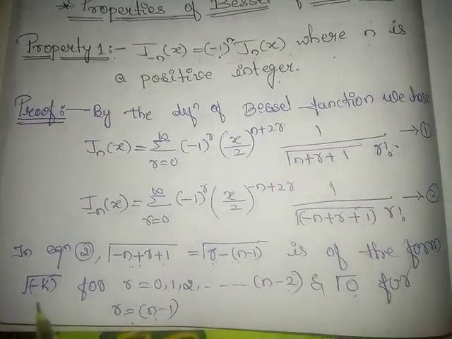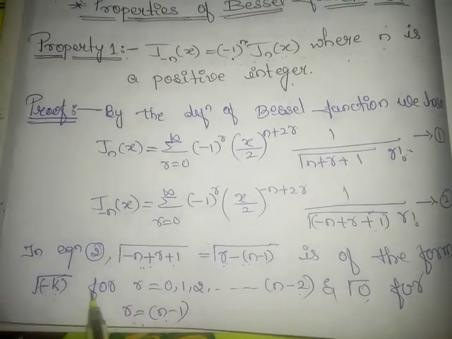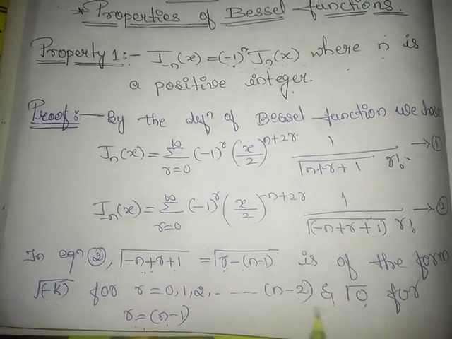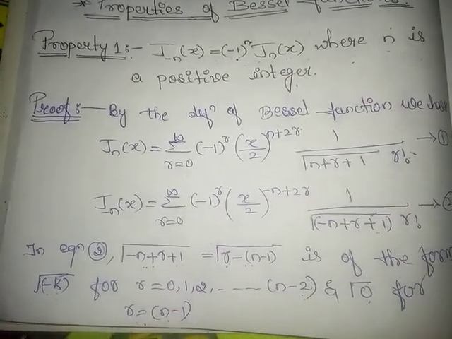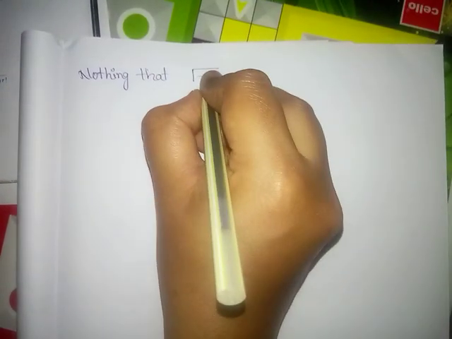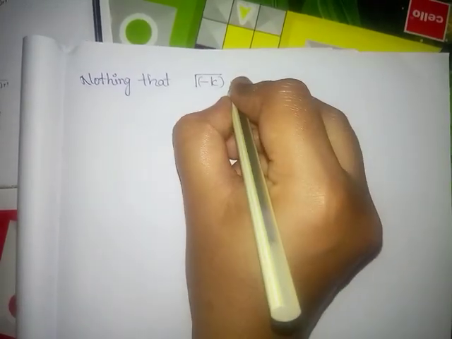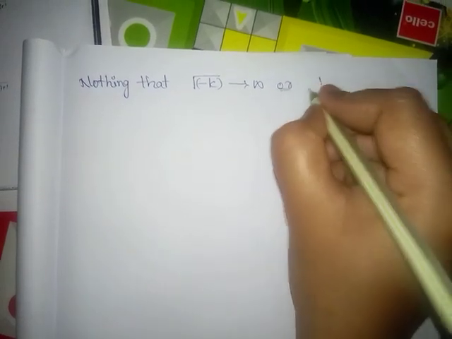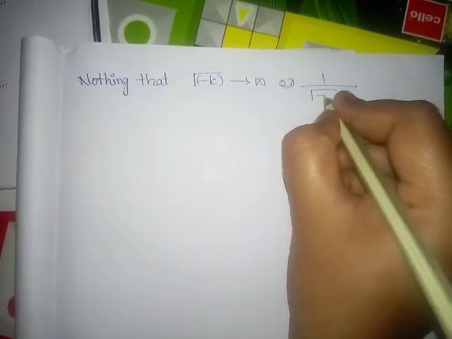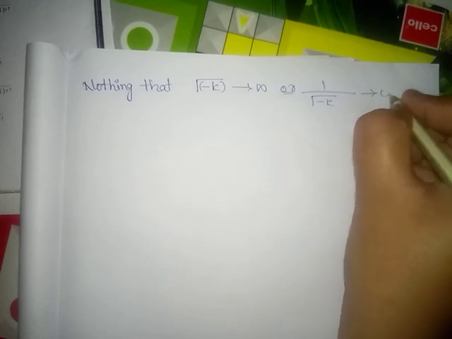That means gamma of minus k tends to infinity, so 1 divided by gamma of minus k tends to 0.